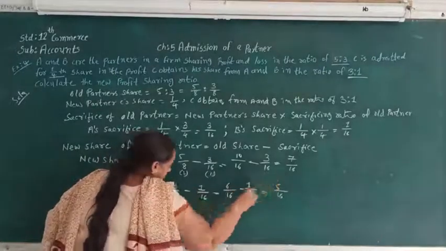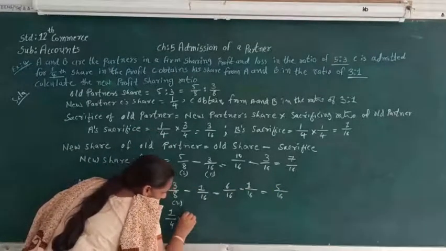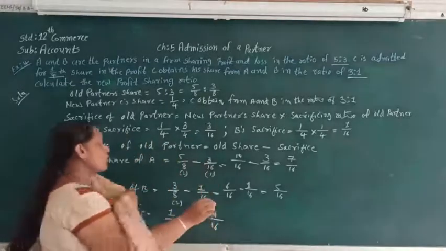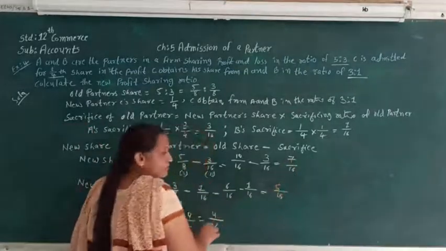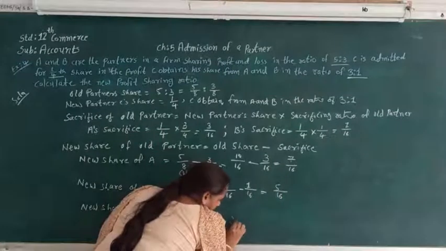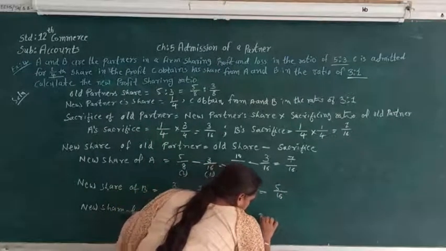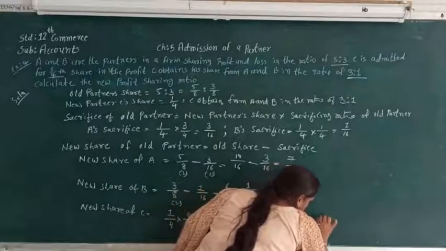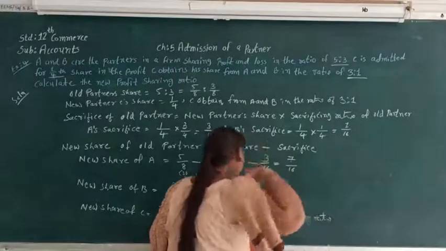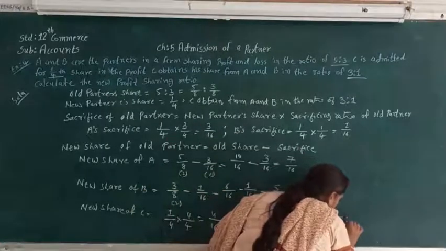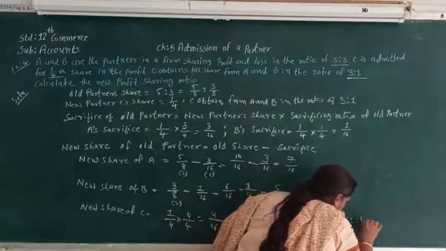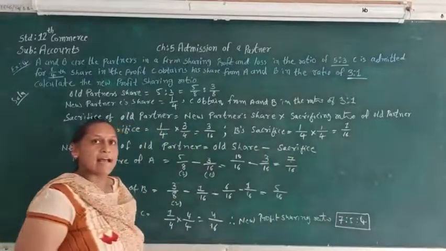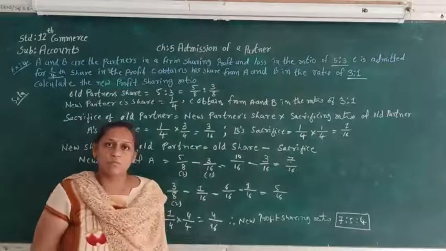To make the denominator the same, we multiply by 4, so 4 ones are 4 and 4 fours are 16. So the new profit sharing ratio is 7 is to 5 is to 4. This is our answer. You may note this down in your notebook.